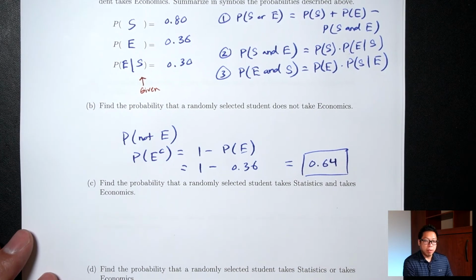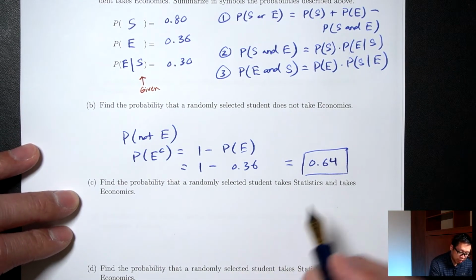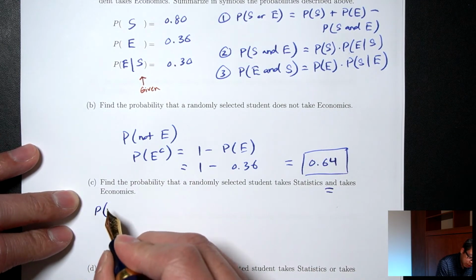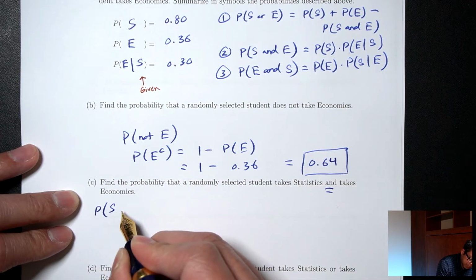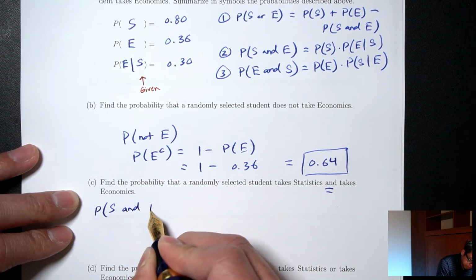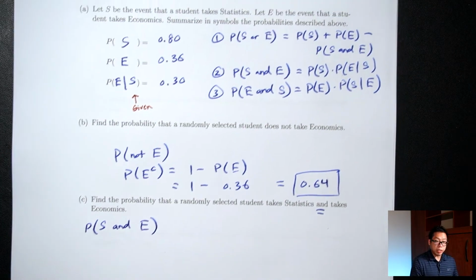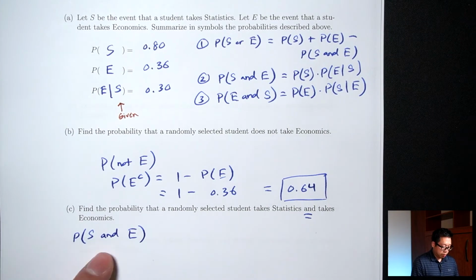Part C, find a probability that a randomly selected student takes statistics and takes economics. Keyword I see there's and, so I'm looking for probability of statistics and economics, which is going to be S and E. Okay, which equation am I going to use? So which equation has S and E in them?